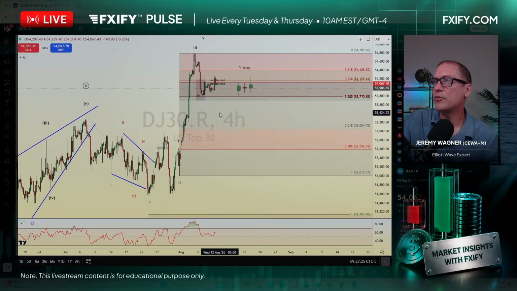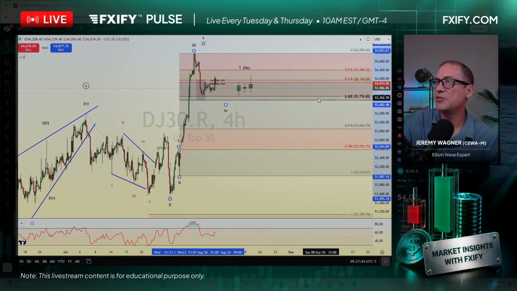And Dow, I don't know if we have any Dow traders out here. This decline was deep enough that this could be the wave 4. Remember how I said when you finish a wave 3, wave 4s tend to move 236 to 382.